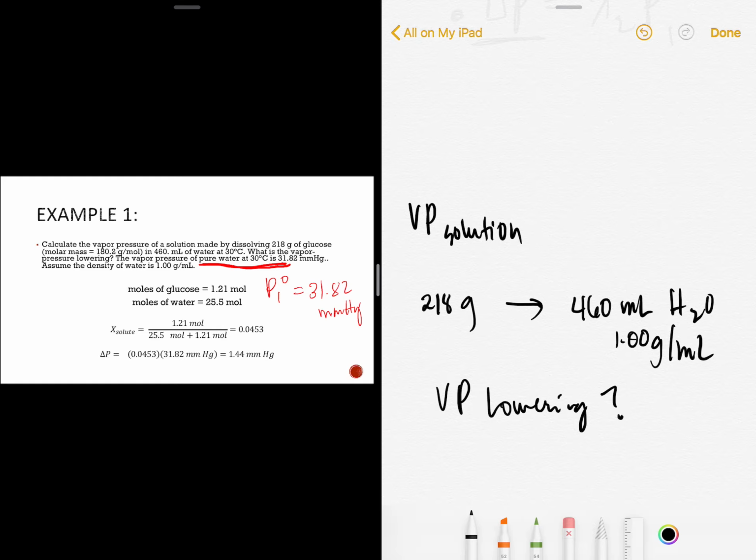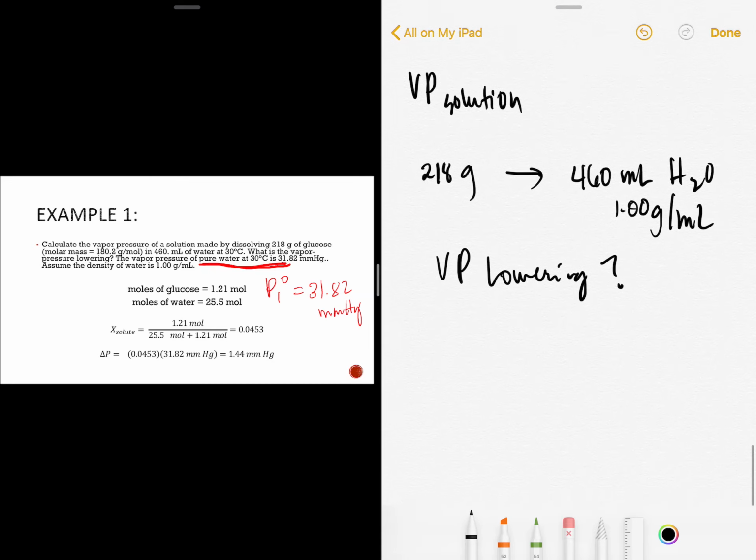So, calculate the vapor pressure of the solution and the vapor pressure lowering. Okay? So, how do you solve this kind of problem? The vapor pressure of water at 30 degrees Celsius is 31.82 millimeter mercury.